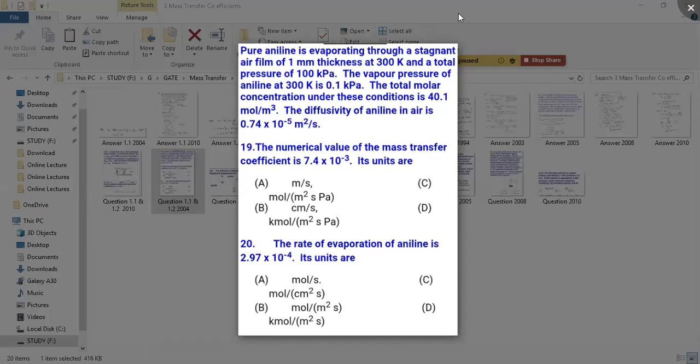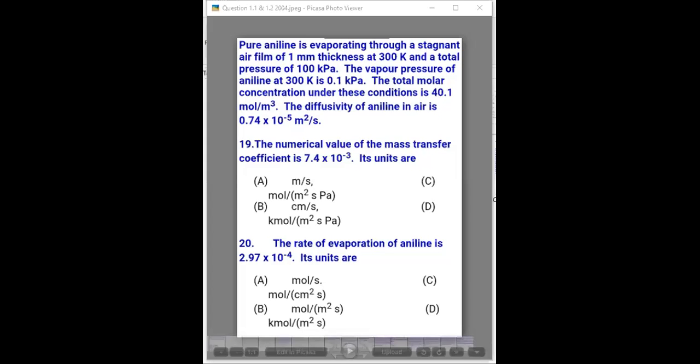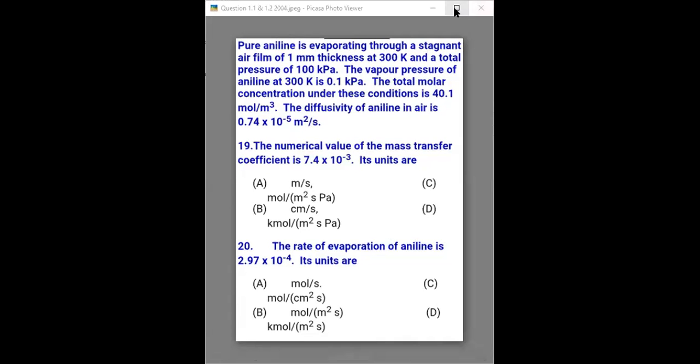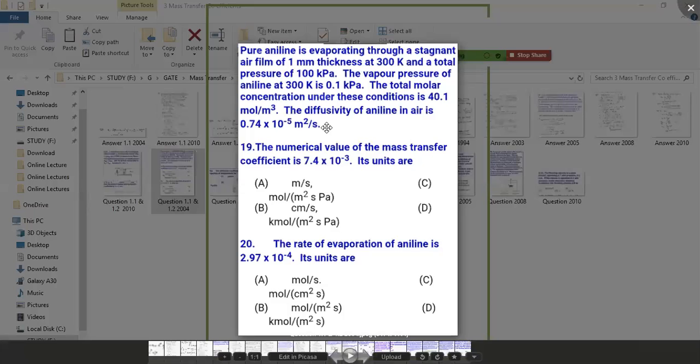Pure aniline is evaporating through a stagnant air film of 1 mm thickness. The given film thickness is 1 mm at 300 Kelvin and total pressure is 100 kilopascal. Vapor pressure of aniline at 300 Kelvin is 0.1 kilopascal.